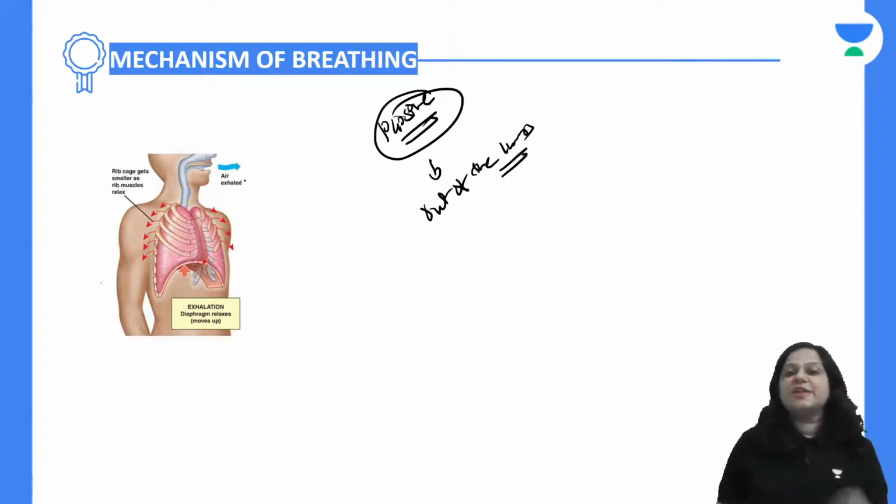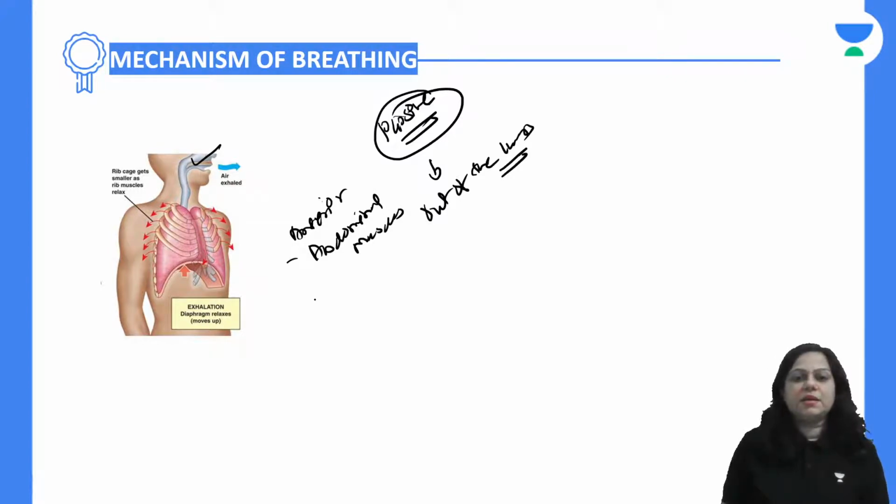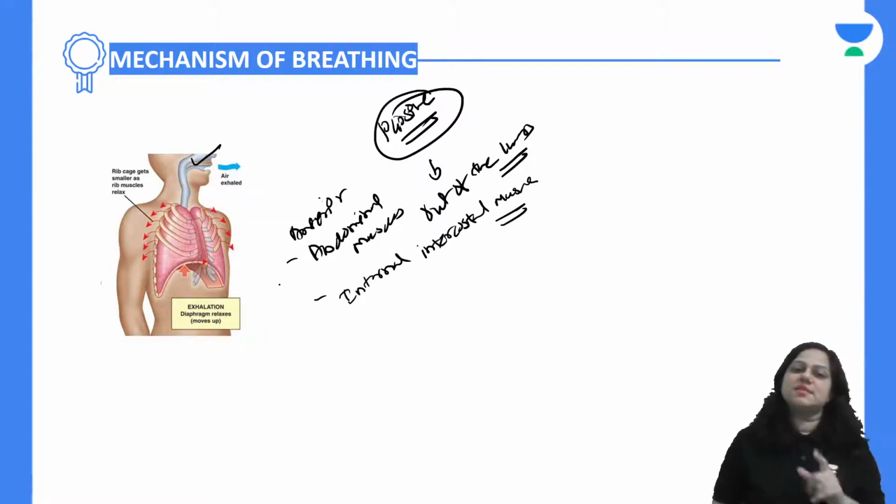Whenever expiration is forceful, at that time accessory muscles of expiration need to work. That means the anterior abdominal muscles and the internal intercostal muscles. Both these muscles are accessory muscles of expiration.